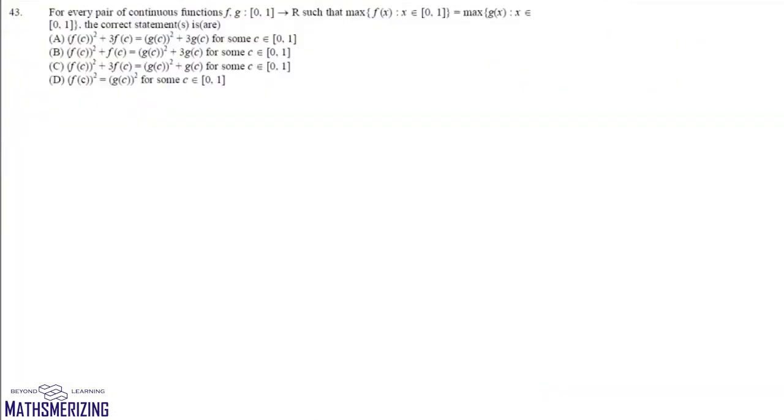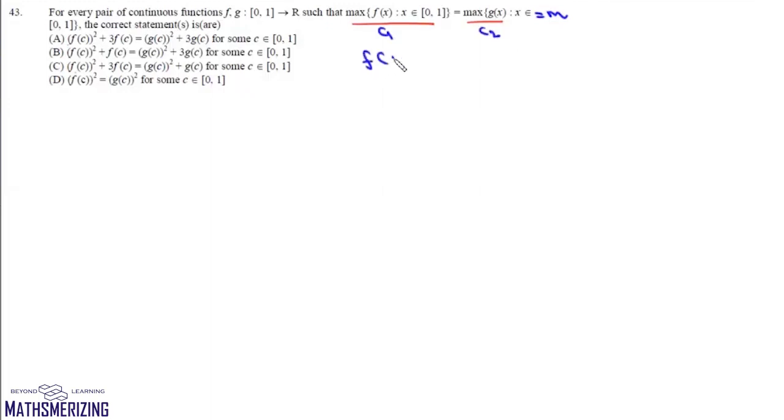Now here the question is, for every pair of continuous functions f and g such that maximum of f(x) equals maximum of g(x), the correct statements are. Now let us say this maximum value is m, and f(x) takes this maximum value at c1 and g(x) takes this value at c2.